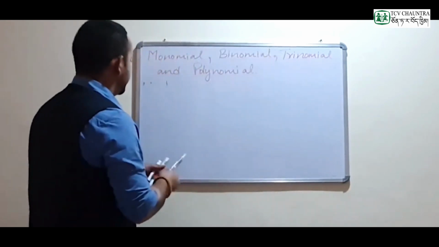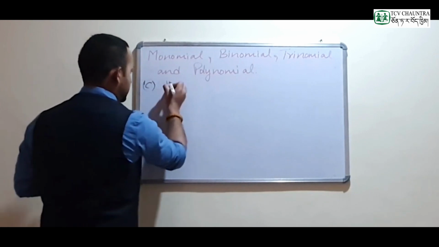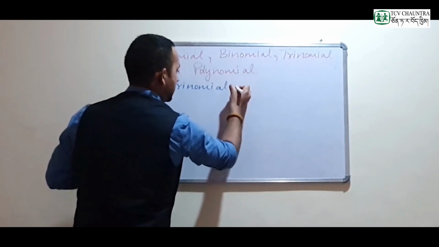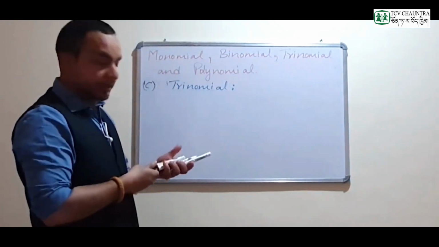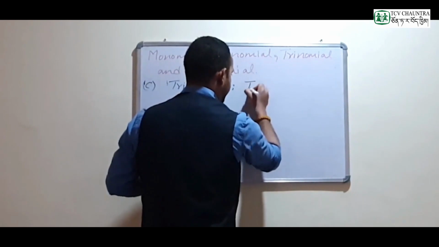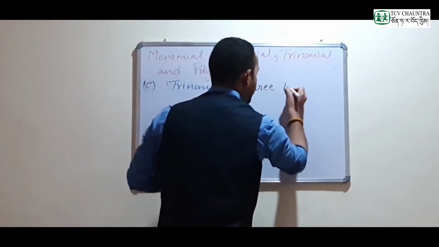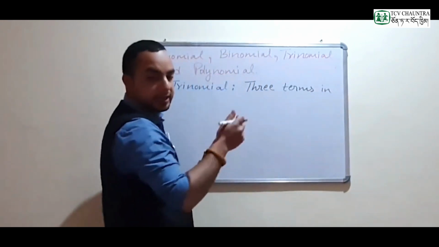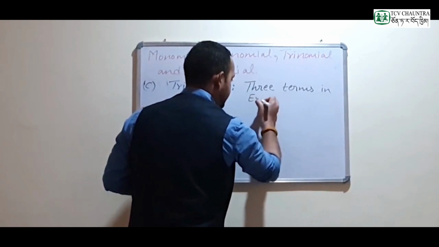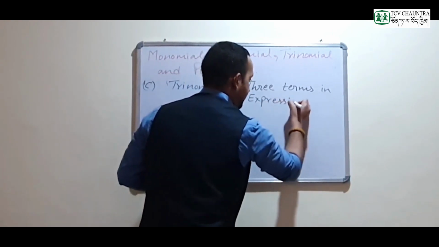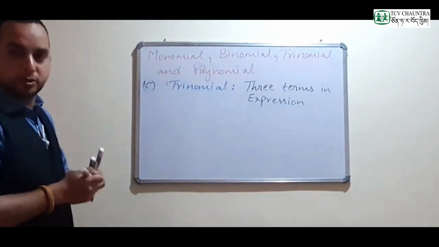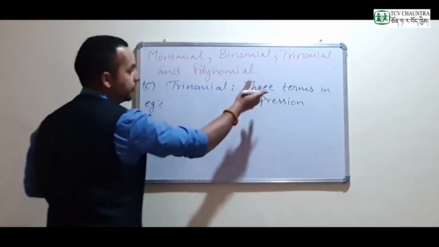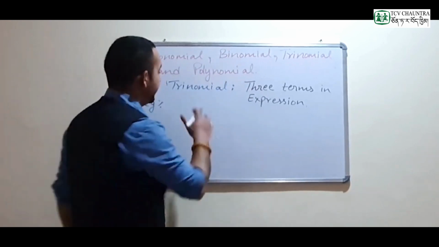Okay, now next we have a trinomial. Trinomial means three terms in an expression. If there are three terms in expression, then it is known as trinomial.